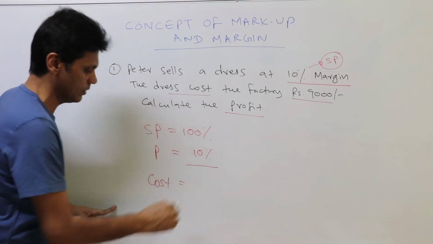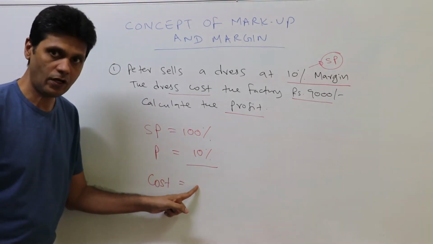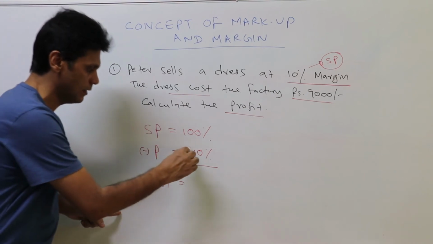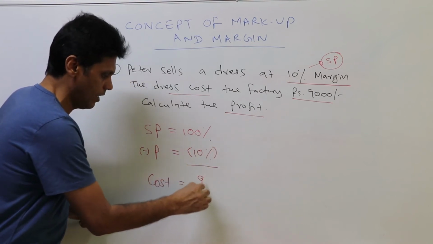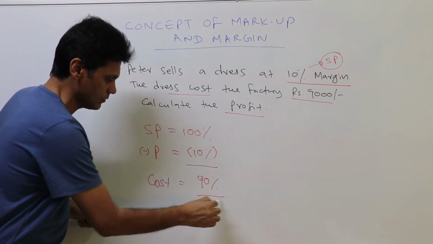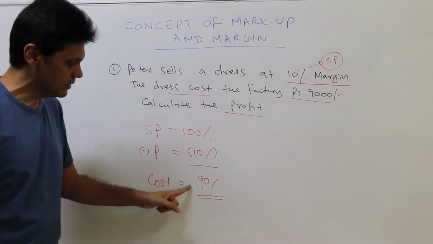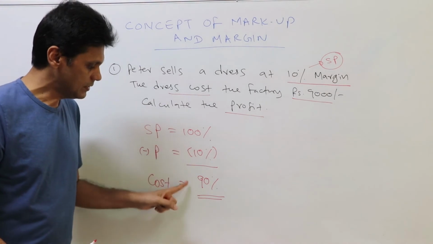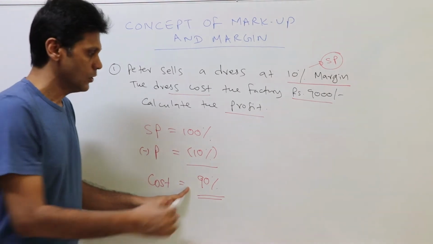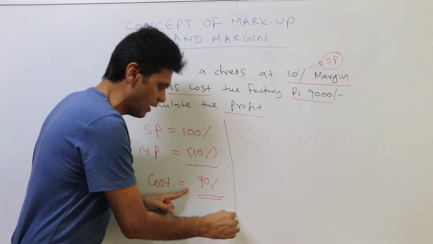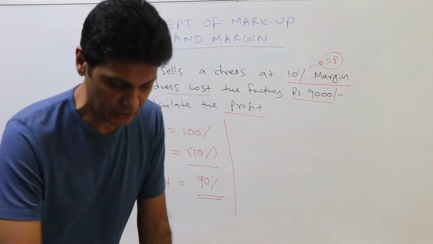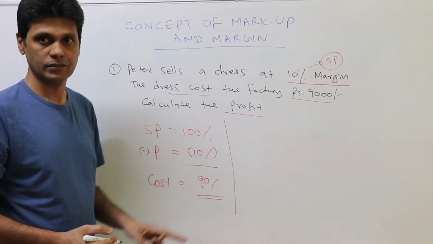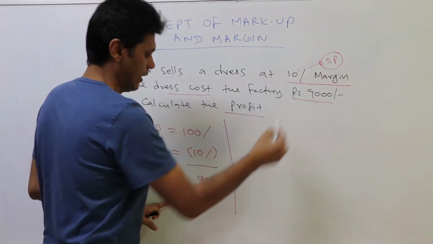In order to arrive at cost from selling price, you need to subtract the profit. So your cost should be 90% as a percentage. So what is the actual cost? What is the real cost? The real cost is 9,000.